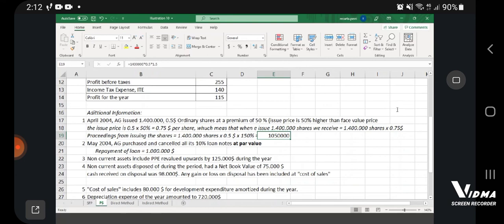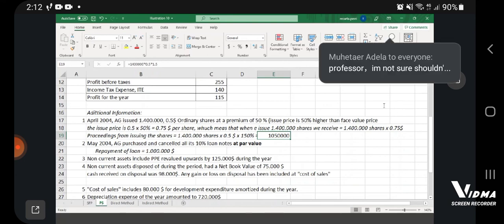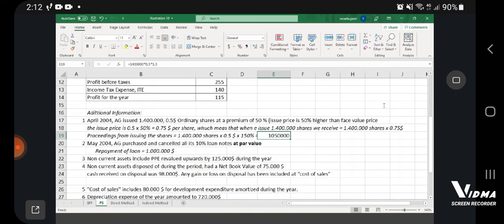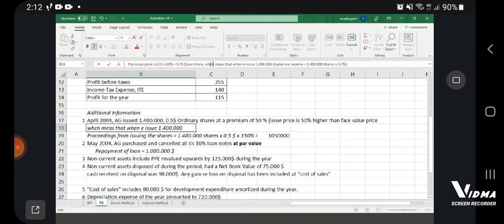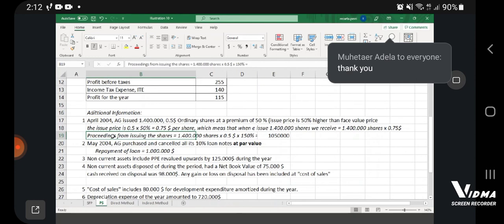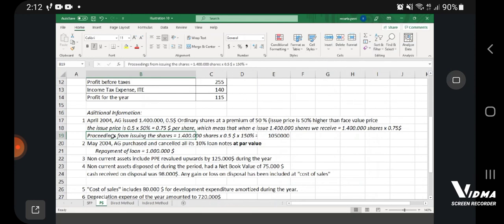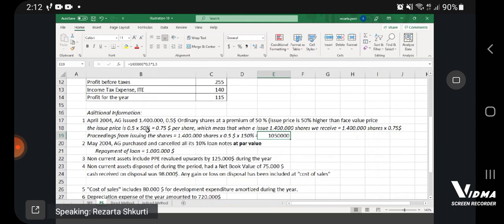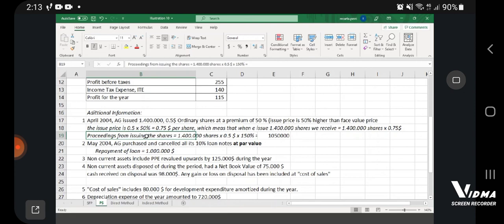Reply to Adela. Yes, Adela, thank you very much. It's 150%. It should be 150%. I corrected that. Adela, over here, it is already corrected. Thank you very much for bringing that to my attention. Actually, in the formula, if you see, I applied 150%, 1.5, but by a common mistake, I wrote it only 50%.